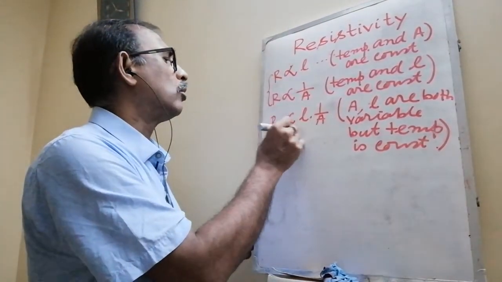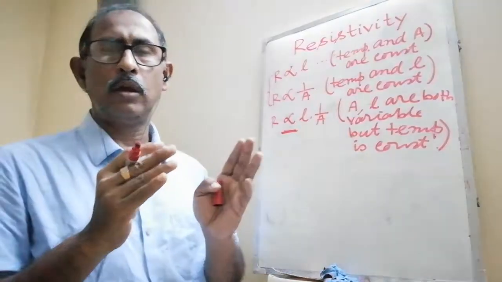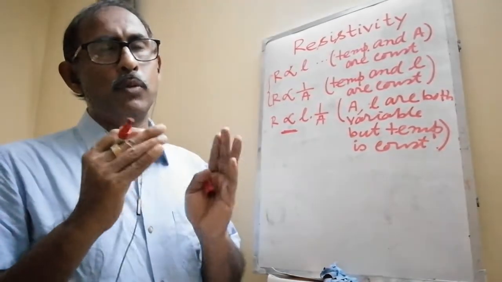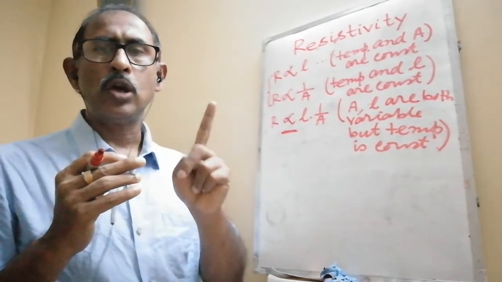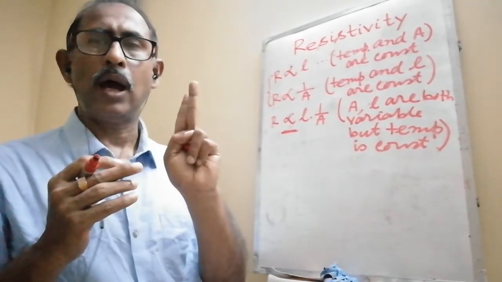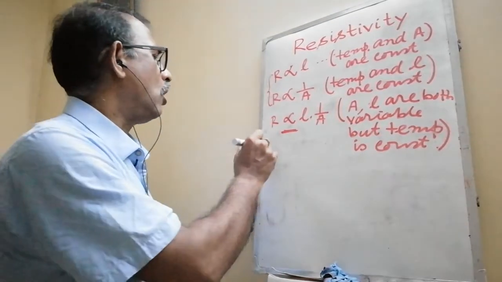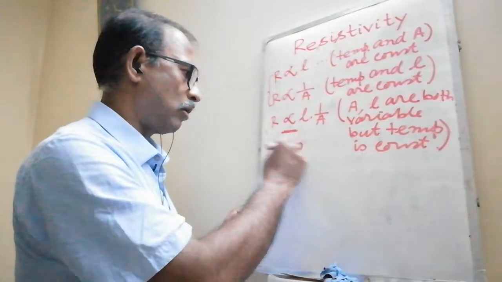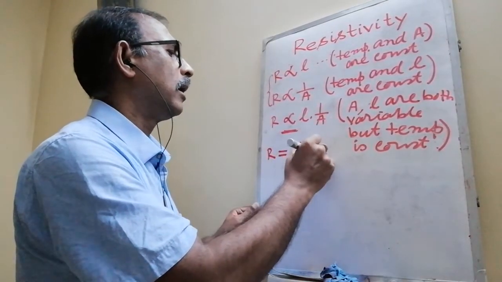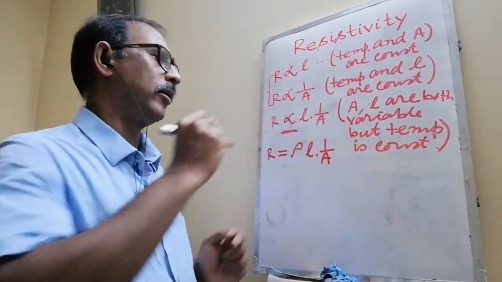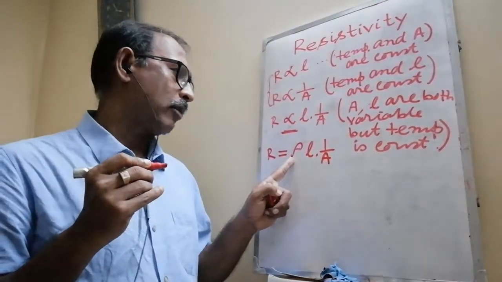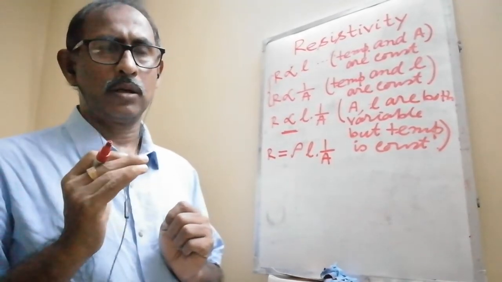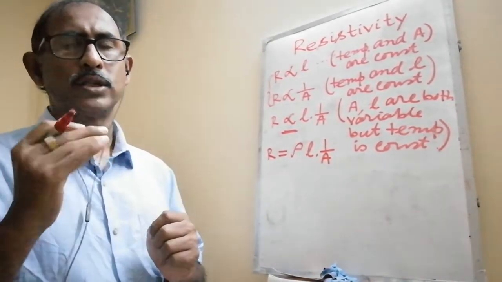Now if you want to remove the proportion sign, you get an equal sign and a constant. So it will be R is equal to a constant, rho, L into 1 by A. In mathematical language, this rho is a variation constant.